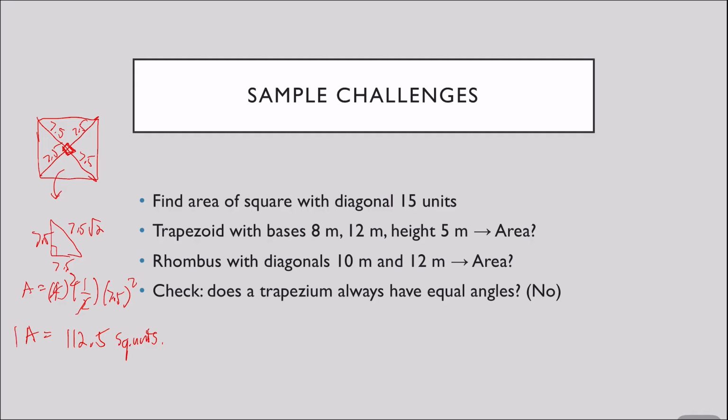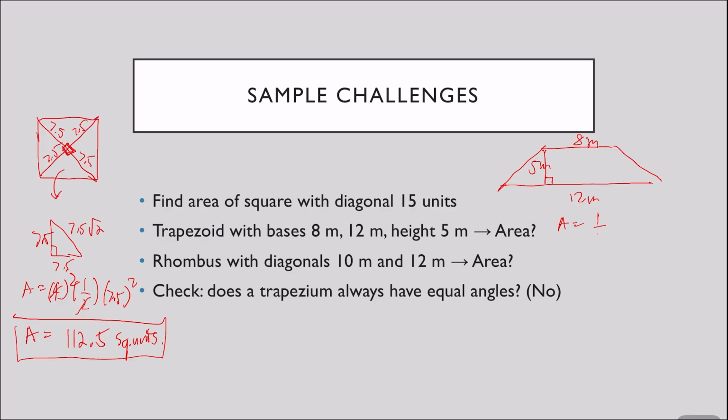That's for the first bullet. Second bullet: a trapezoid with bases 8 and 12 and height of 5 meters. What is the area? So these are your bases. Let's say this is your 8 m, this is your 12 m, and then your height of 5 m.